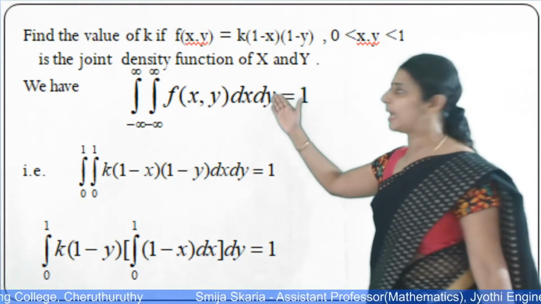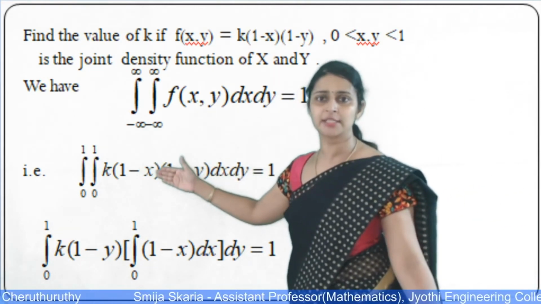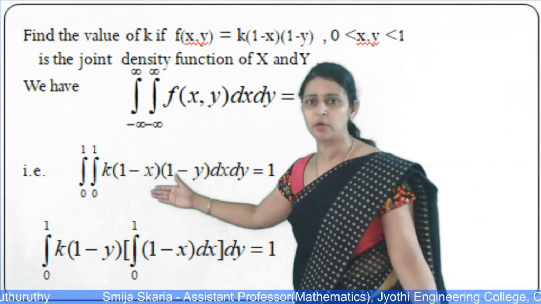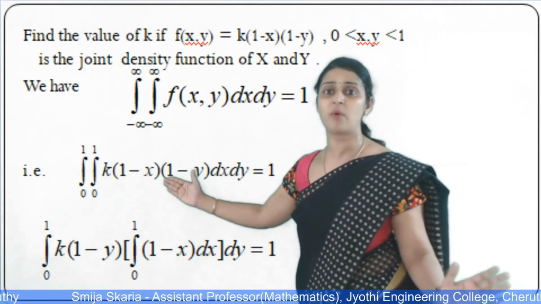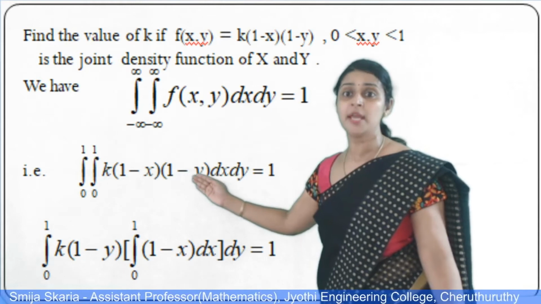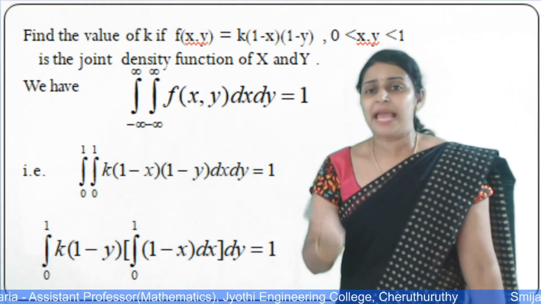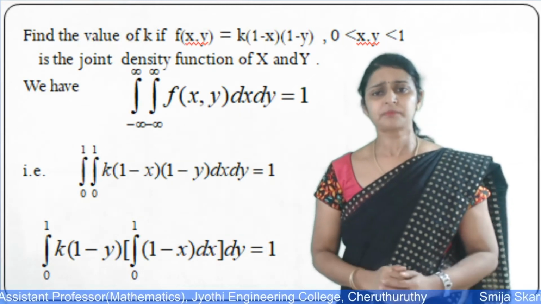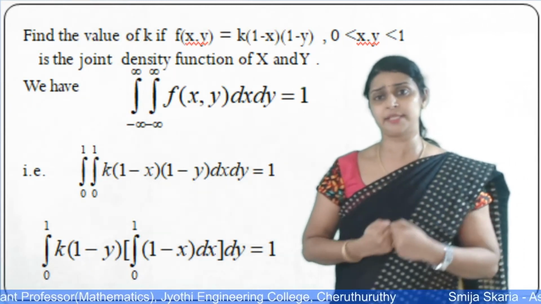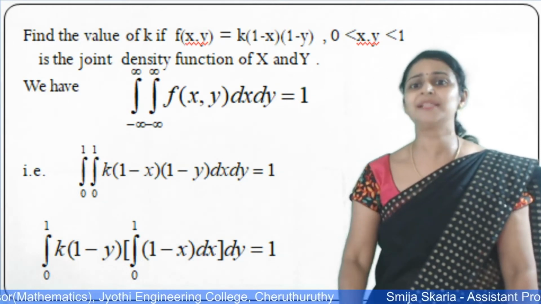So we write the double integral as integral 0 to 1, integral 0 to 1, that is x equal to 0 to 1, y equal to 0 to 1, and f of x, y. What is f of x, y? k into (1 minus x) into (1 minus y) dx dy equal to 1. As in the case of the last problem, to evaluate double integrals we have to keep one variable constant.